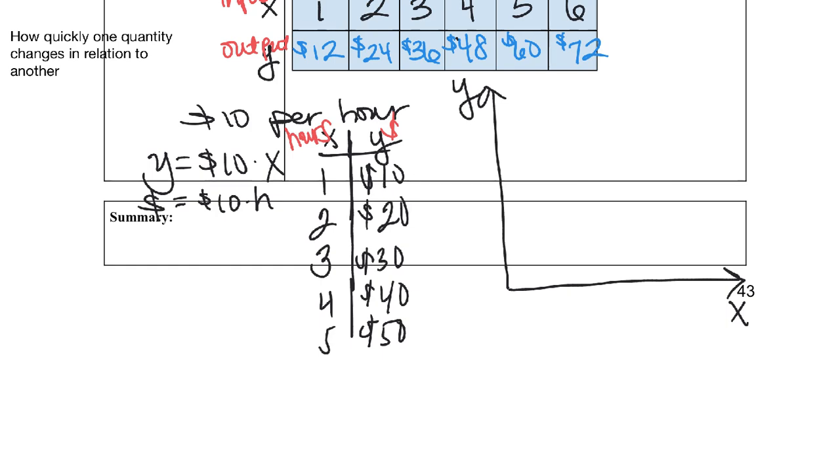You should note that the X, again, is standing for hours, and our y is going to be standing for our money. So when you go to graph this, it's really important that you create a constant rate. So for hours, I'm going to label this as 1 hour, 2 hours, 3, 4, and 5.